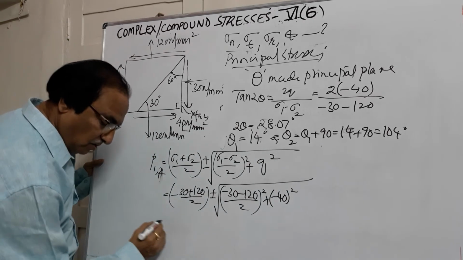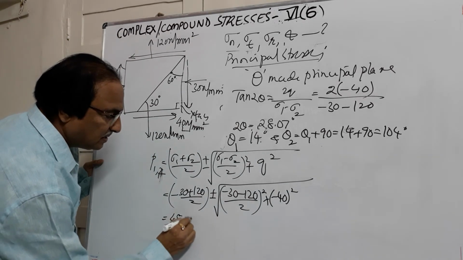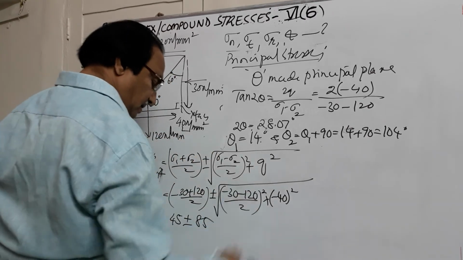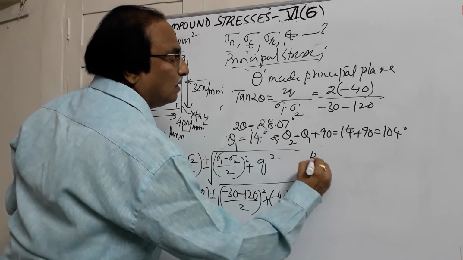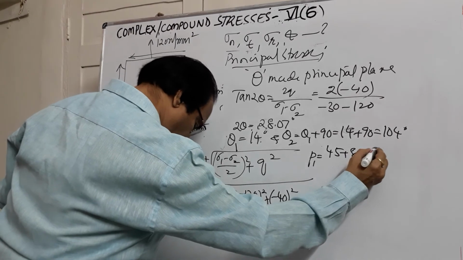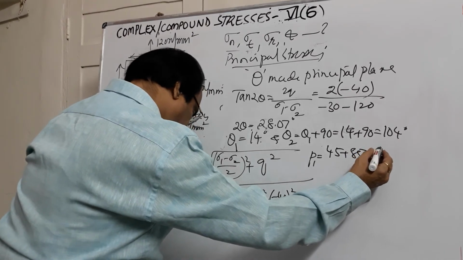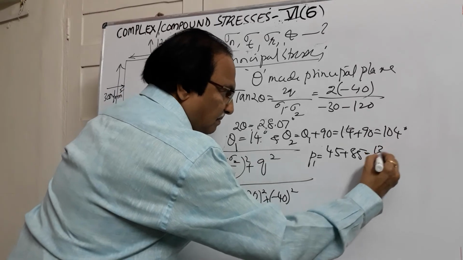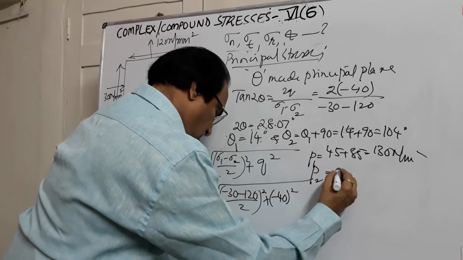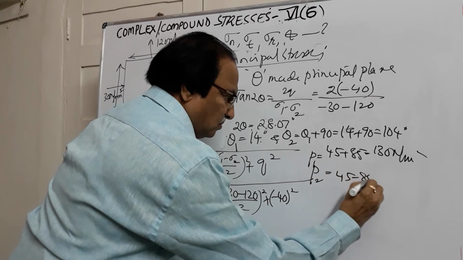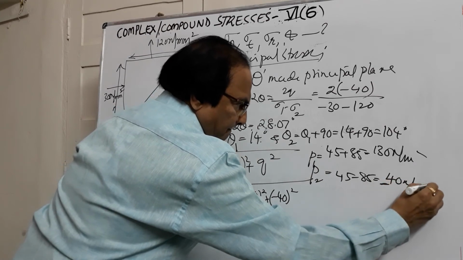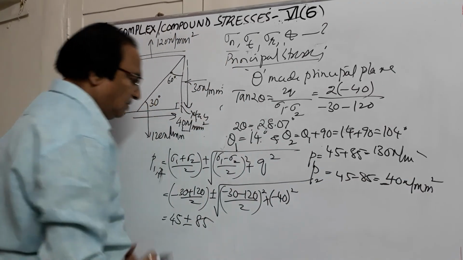So you get the value as 45 plus or minus 85. If you use plus sign, P1 will be equal to 45 plus 85, which is 130 Newton per mm square, and P2 will be equal to 45 minus 85, which is minus 40 Newton per mm square.